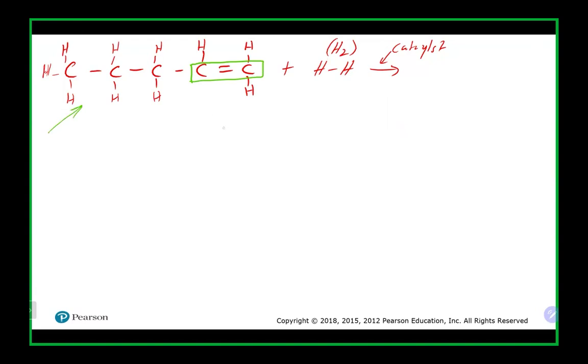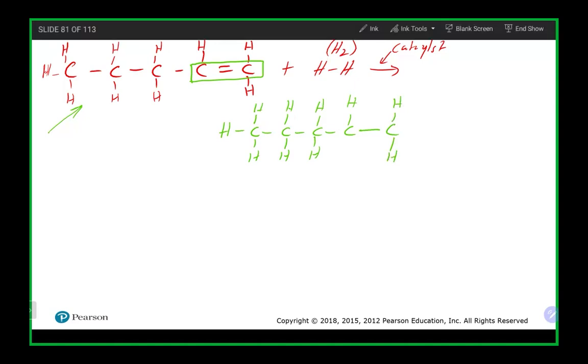So I'm going to do that exactly the way it looks. I'm not going to change anything until I get to that double bond. Everything's going to be exactly the same. No funny things happen like rings forming or things of that nature. I'm going to turn my double bond into a single bond, and that's an important part, because that's going to allow room for things to come in. Everything else will still be the same in this case.